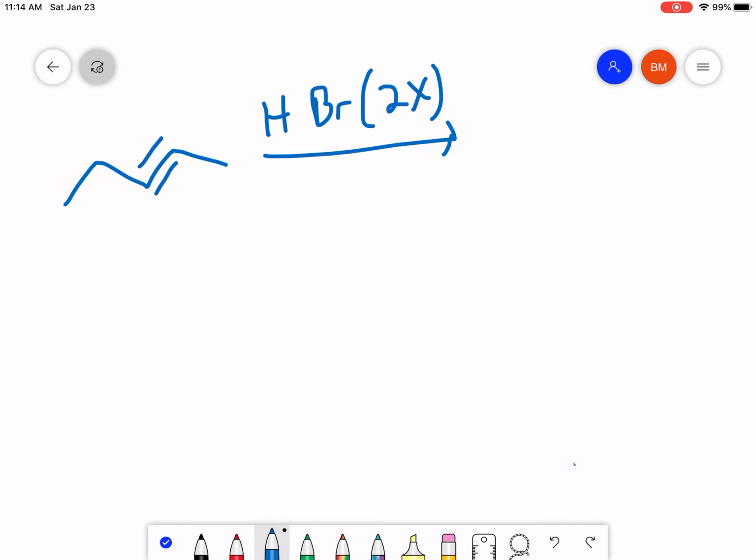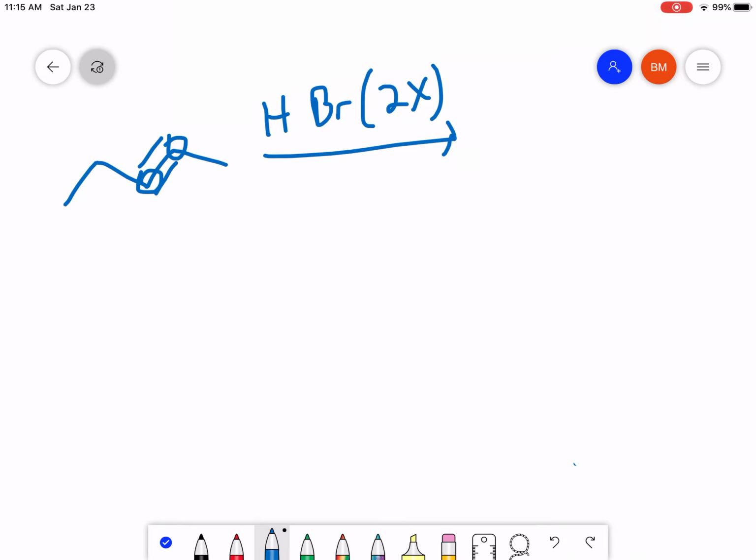It's not symmetrical, so these 2 carbons are not exactly the same. However, they do have the same level of substitution. Each of them has one R group hanging off and no hydrogens. So you can't really use Markovnikov's rule to figure out that one of them is going to be more likely to get the H than the other one. In fact, the H is just as likely to go to this carbon as it is this carbon. So guess what? It does both.